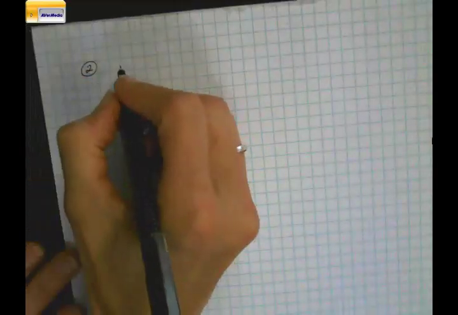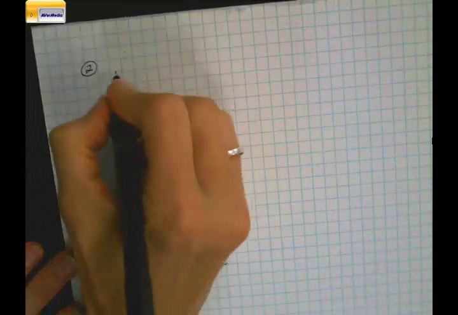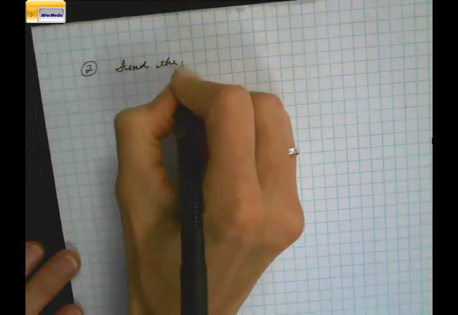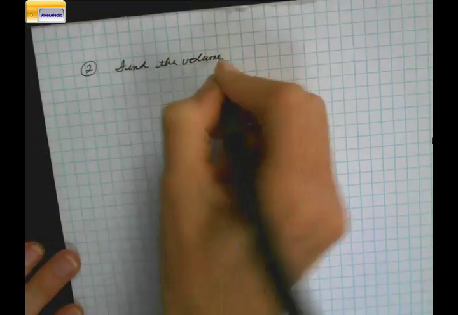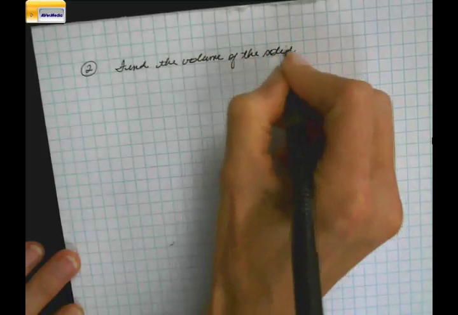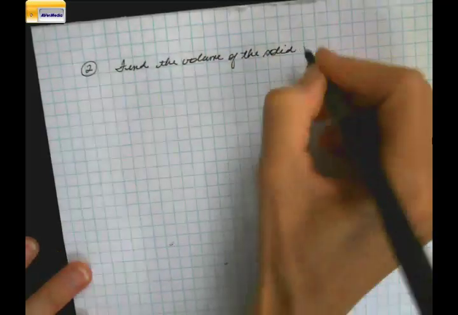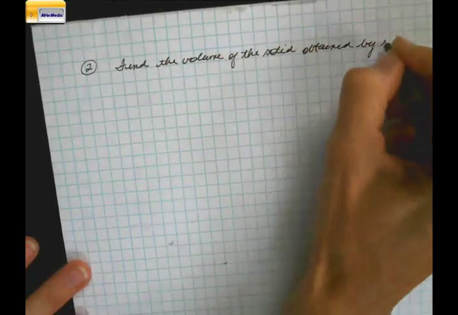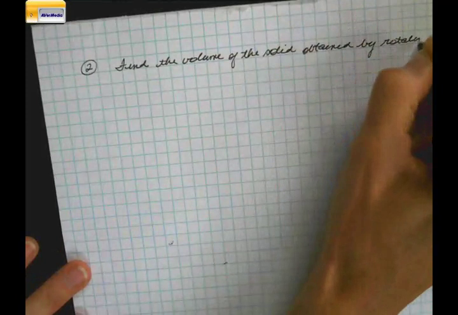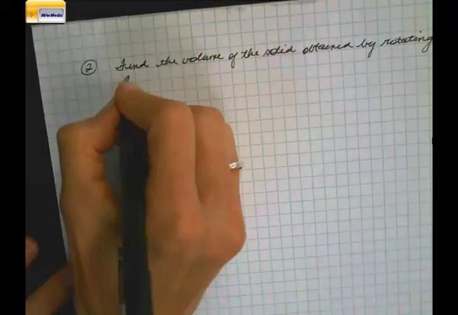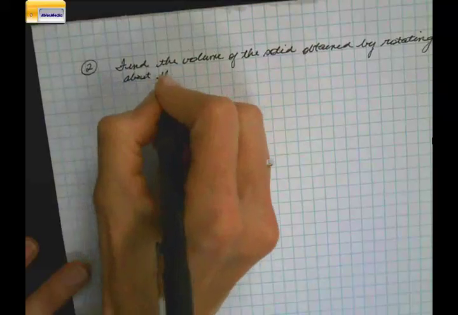Okay, I'm pulling this one from another textbook, my Stewart textbook, and it says, find the volume of the solid obtained by rotating about the y-axis. So we're sticking with the y-axis.